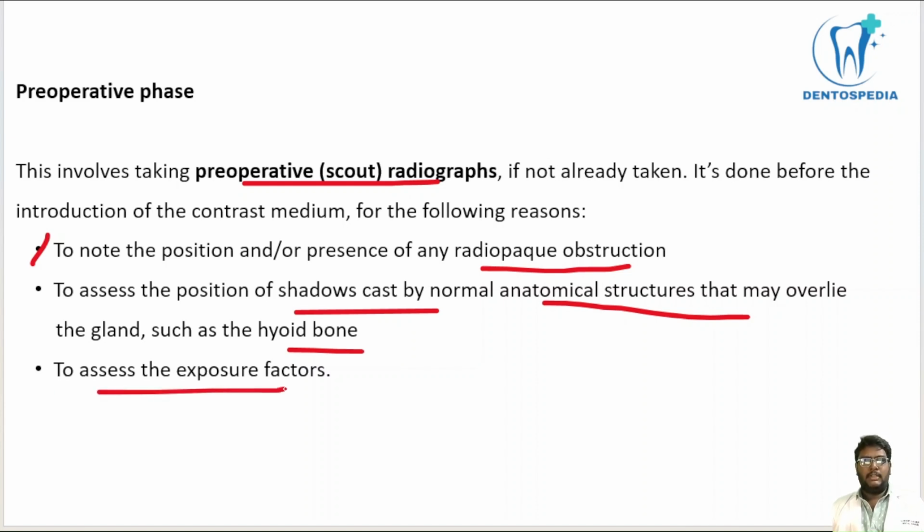So the exposure factors like kilovoltage peak, right, and also milliamperage and exposure time. These are the three important settings which you have to control during the exposure. So we have to maintain optimal settings so that the radiographs will be of optimal radio density. Okay, we don't want any overexposure or underexposure. So that's why we're taking scout radiographs.